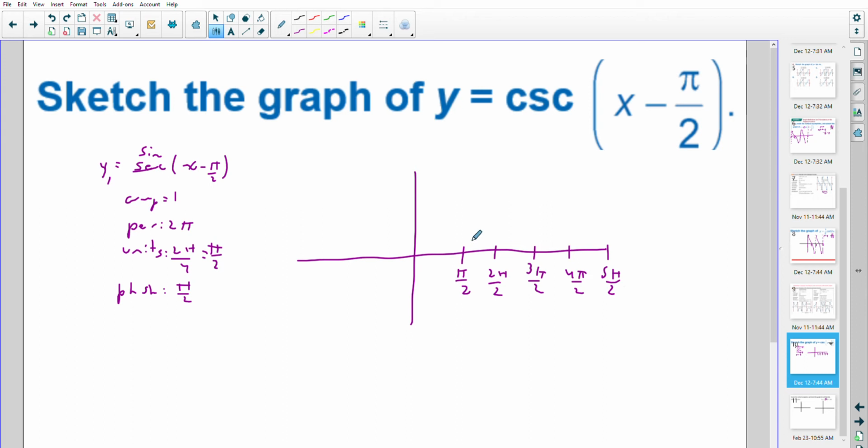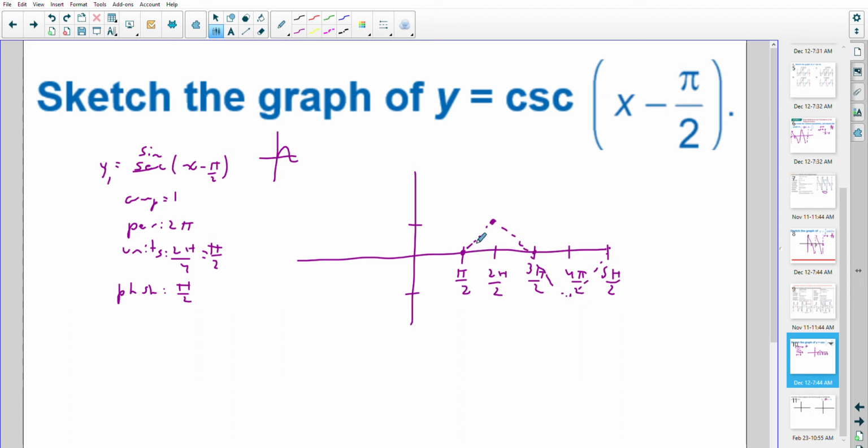And looking at a positive sine graph, it starts in the middle and goes up. So that means that you're going to start in the middle and go up when you put in the high, medium, and low points. Now, notice that this is not part of the graph. It's a guideline to show me what the graph looks like.